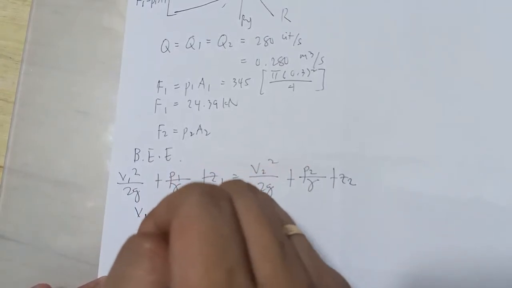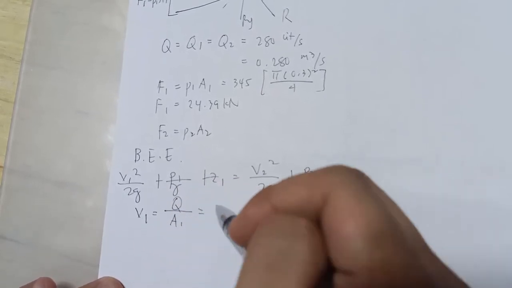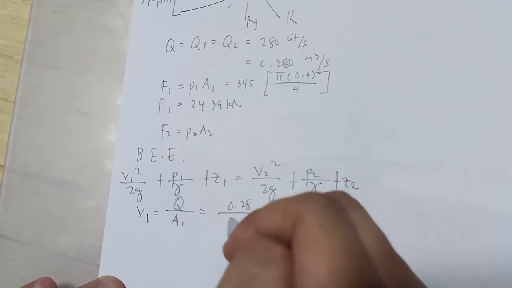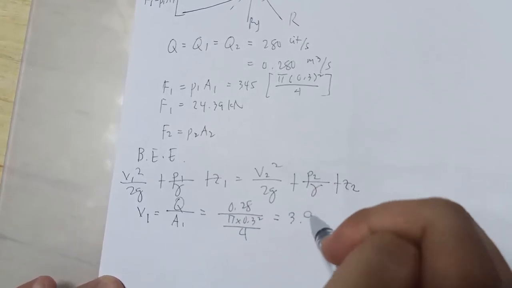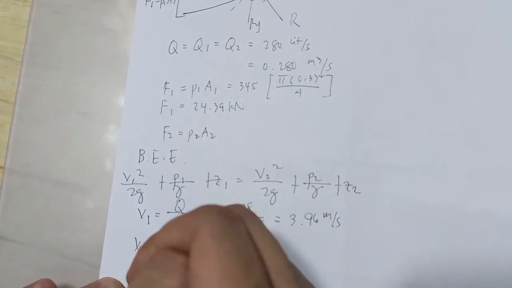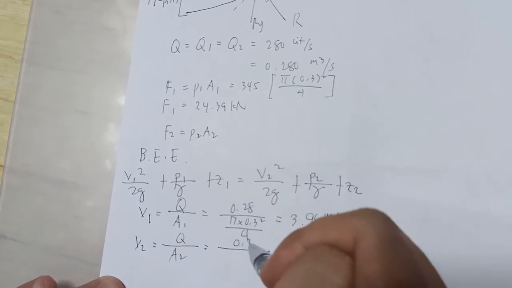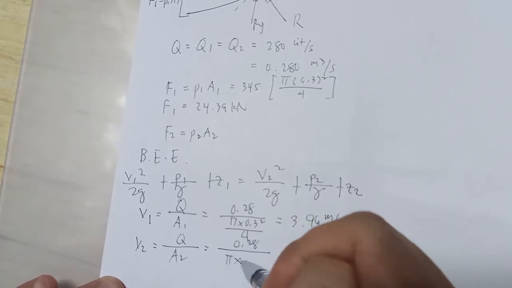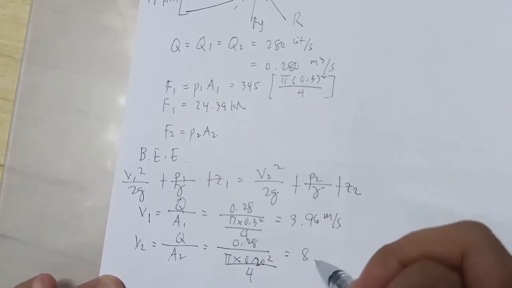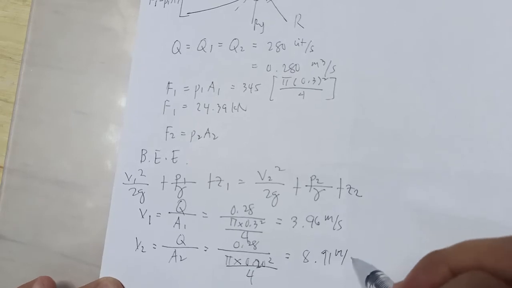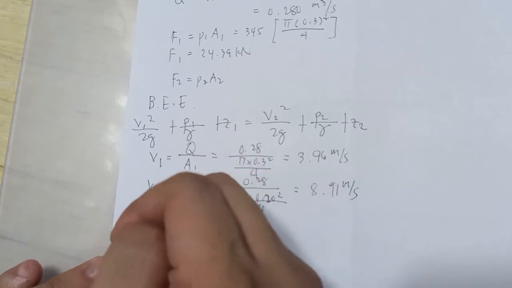First velocity, or initial velocity, equals Q over A1, 0.28 over pi times 0.3 squared over 4. So it is 3.96 meter per second, and V2 is Q over A2, which is 0.28 over pi times 0.20 squared over 4, or it is 8.91 meter per second. So input the values that we have solved.